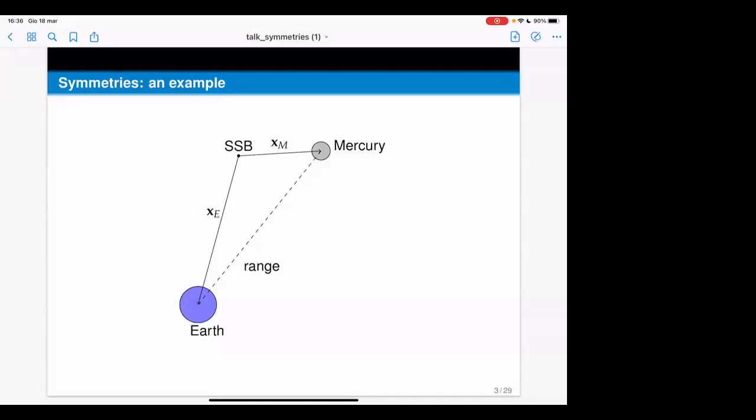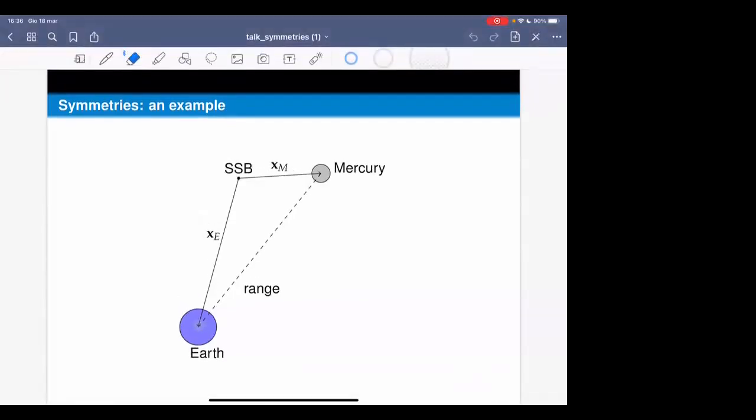But now, why does this concern orbit determination? Let us suppose that we are at the center of the Earth, and we want to determine the orbit of Mercury around the solar system barycenter. The only observable that we have is the relative distance between the Earth and Mercury.